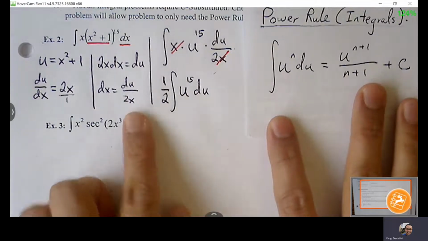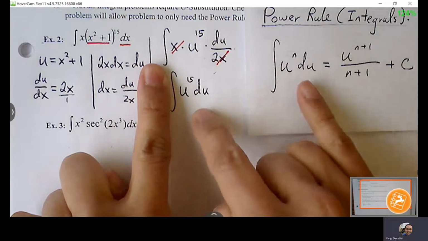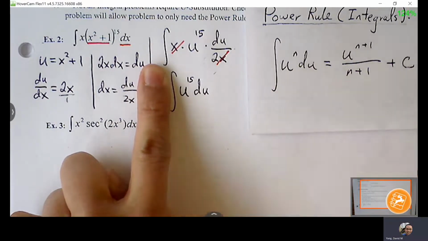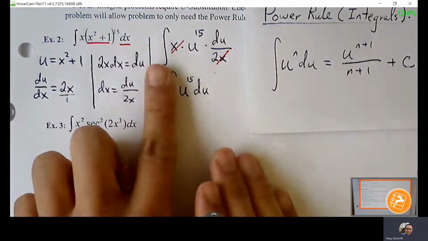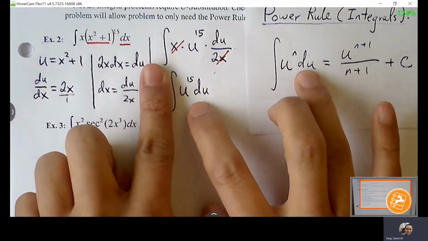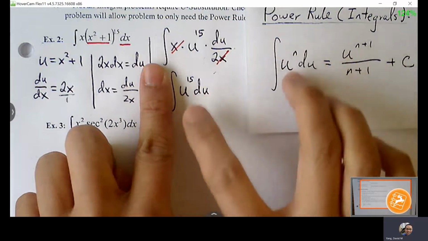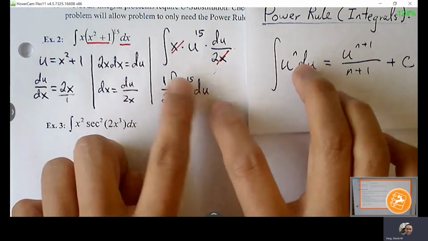If you were to cover up that 1/2, it should match exactly with the rule that you want to use. That needs to be the case every time. If you want to do u-substitution, once you get everything cleaned up, if you were to cover up the coefficient with your finger, it should match exactly with the rule you want to use. There's no changes, there's no slight change, there's no multiplication with another variable.